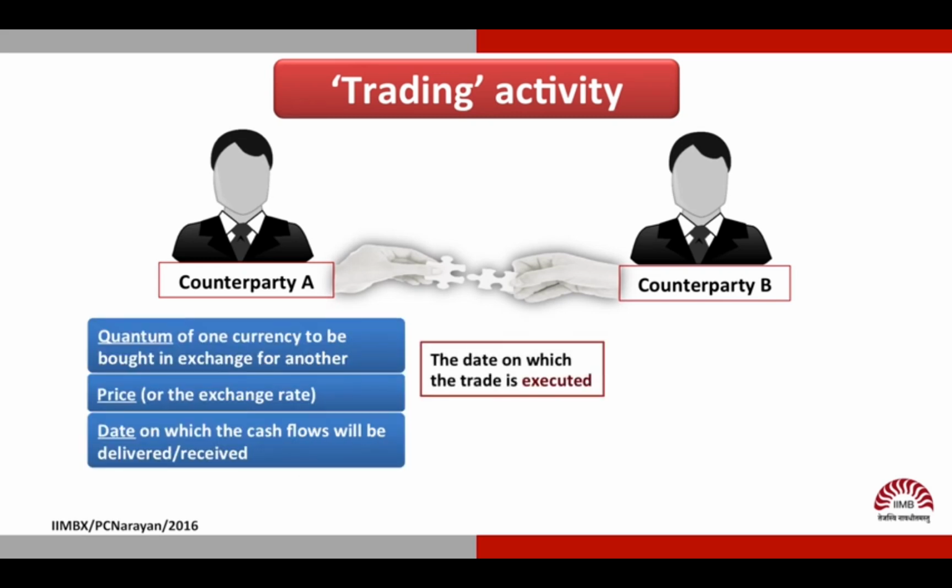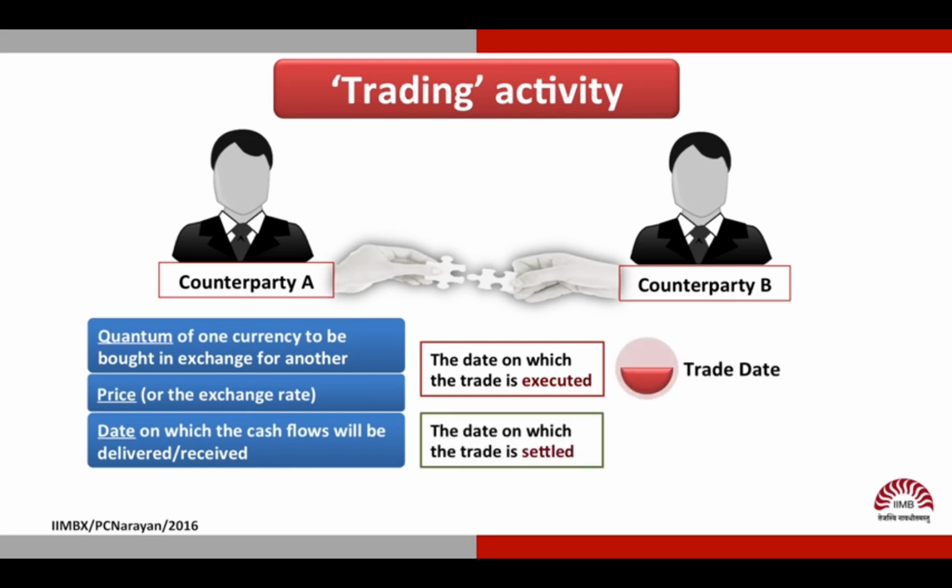The date on which the trade is executed is referred to as the trade date, and the date on which the trade is settled, that means the currency amounts are debited and credited to the designated bank accounts of the two counterparties, is referred to as the settlement date. Therefore, every foreign exchange transaction will have two dates: a trade date and a settlement date.